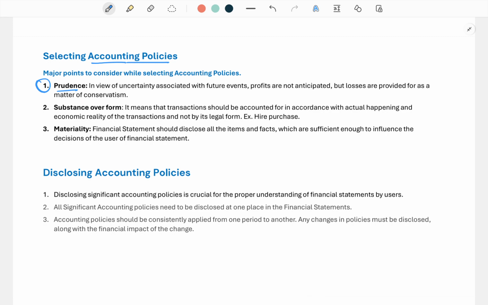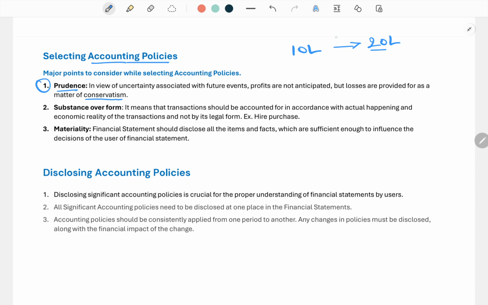What is prudence in the first place? It is also called conservatism. We need to be careful basically. So, any future loss expected by the company needs to be provided for. But if in future you are expecting any gain, don't anticipate the gain, only consider it when it is actually realized. For example, if a company has purchased land worth 10 lakhs and its value increased from 10 lakhs to 20 lakhs, there is a profit of 10 lakhs, right?